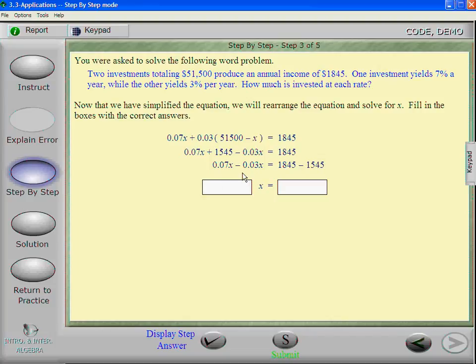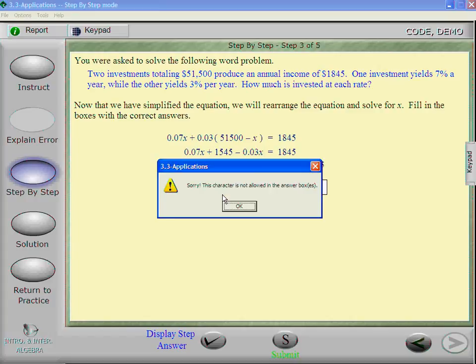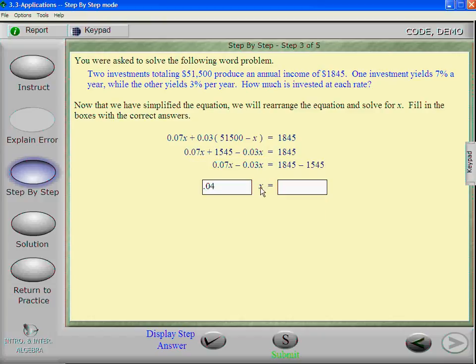Okay, and then once we do that, you can subtract, what they've already done there, they've subtracted 1,545 from both sides, so now it's on the right hand side, and combining the like terms on the left and the like terms on the right, you end up with 0.04X, and that equals 300.